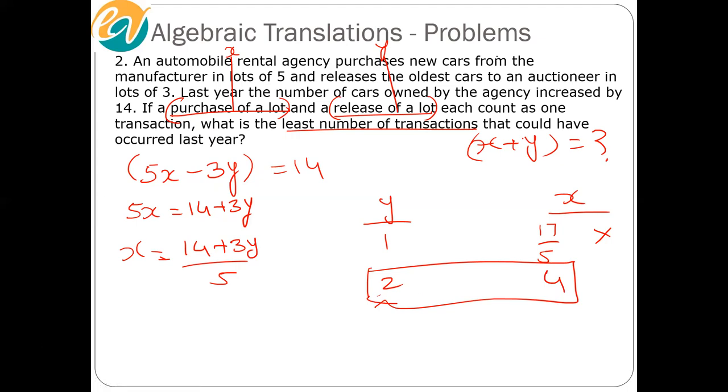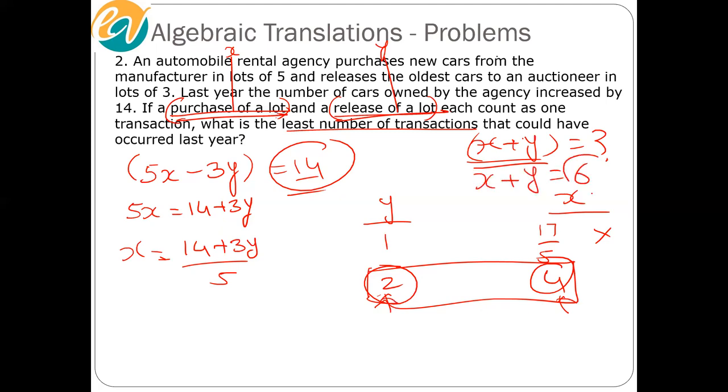So in other words, if purchasing of the lot happens 4 times and releasing of a lot happens 2 times, then the net increase in the number of cars owned by the agency would be 14. We anyway had to find out the value of x plus y. So x is equal to 4, y is equal to 2, so x plus y is equal to 6. That's the answer. So what's the least number of transactions that would have happened last year? 6.